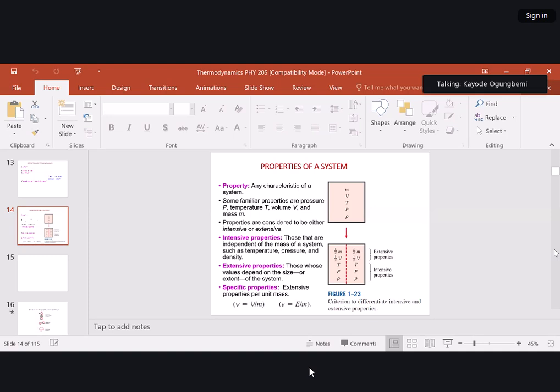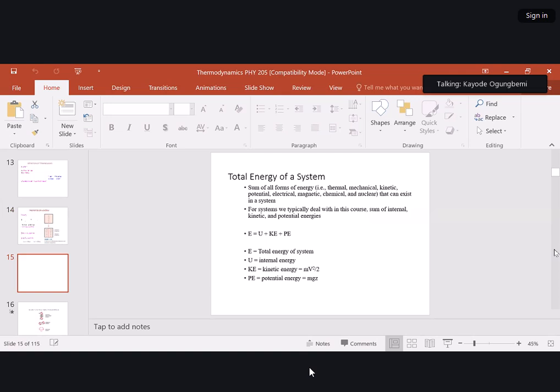Intensive properties are temperature, pressure, and density, and so on and so forth. They all depend on one thing or the other. We can talk about another one in terms of volume per mass, or mass per volume, depending on what you have. But just remember the definition.